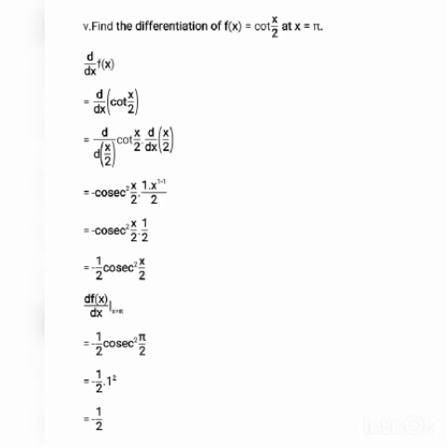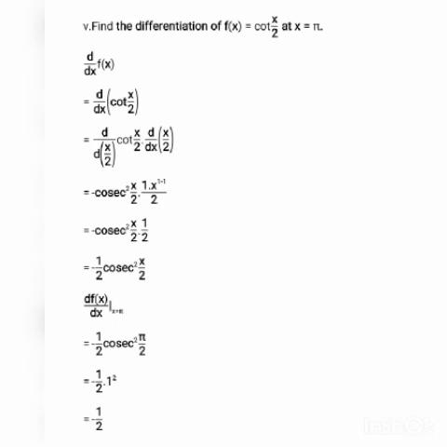Now we know d/dx of cot x is minus cosec square x. So d/d(x by 2) of cot x by 2 is minus cosec square x by 2, and d/dx of x by 2 is 1 by 2. Therefore the differentiation of cot x by 2 is minus half cosec square x by 2.